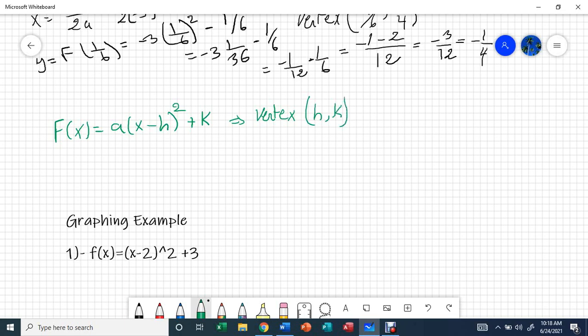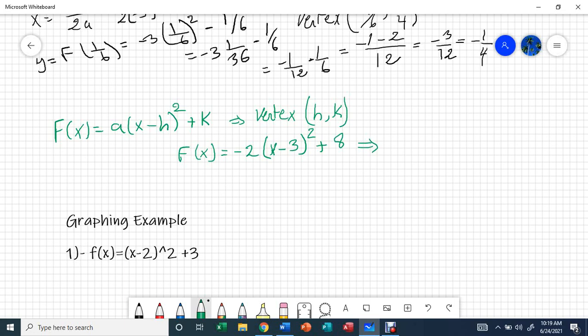So for example, f of x is negative 2 times (x minus 3) squared plus 8. So what's your vertex?